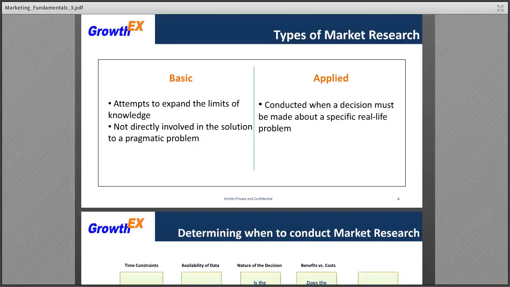However, when I talk about applied market research, it revolves around a quantitative output for a very specific real-life problem which my company might be facing.